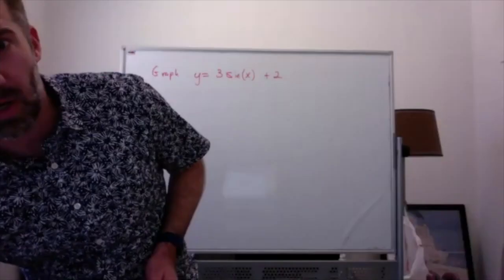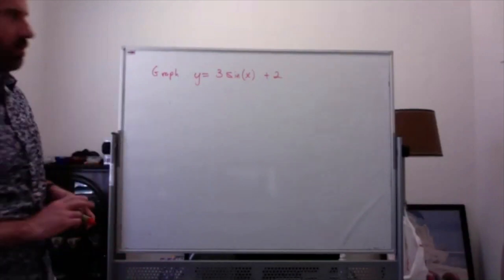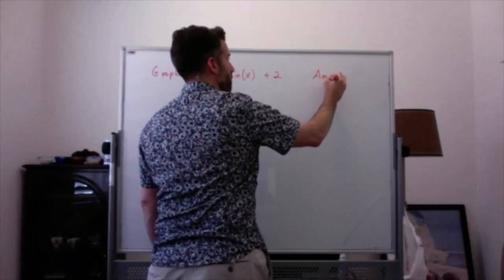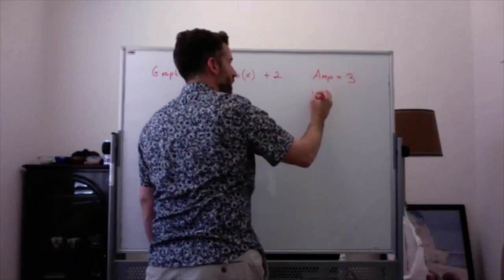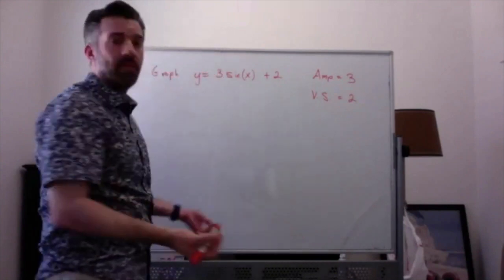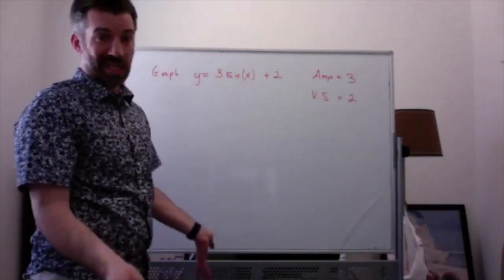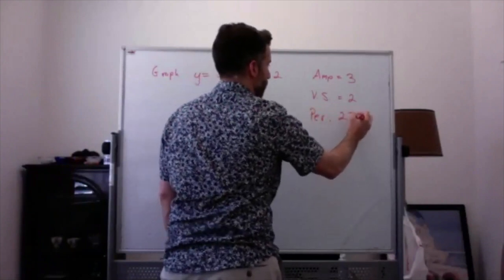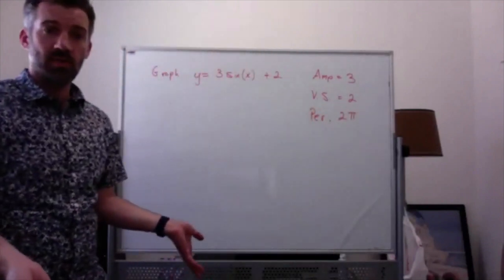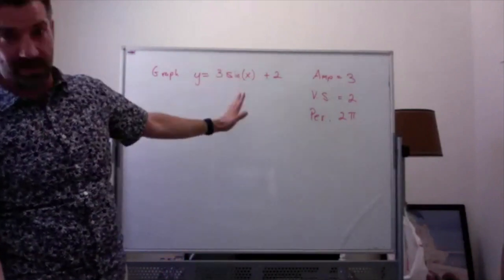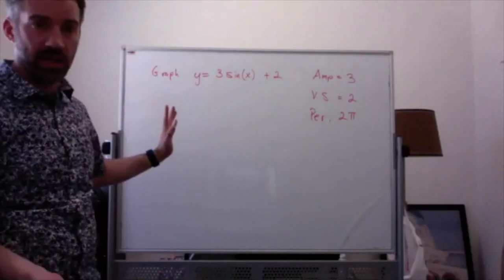So the amplitude here is 3, and the vertical shift is 2. I would also point out that we usually like to state the period. The period is 2 pi. The period's always going to be 2 pi until we start multiplying stuff by x, which we are not doing yet. So for now, sine or cosine, the period is just 2 pi.